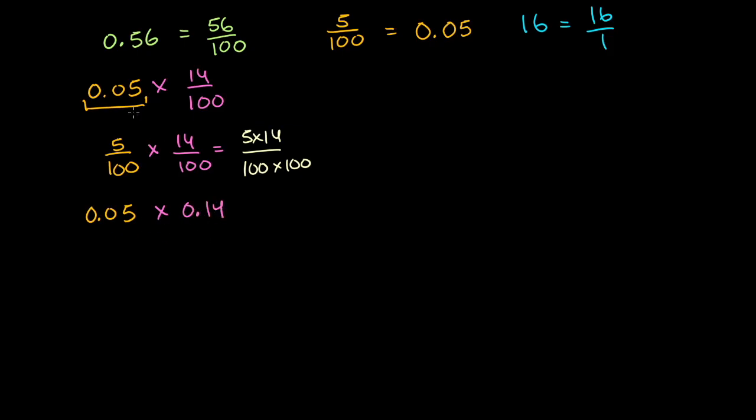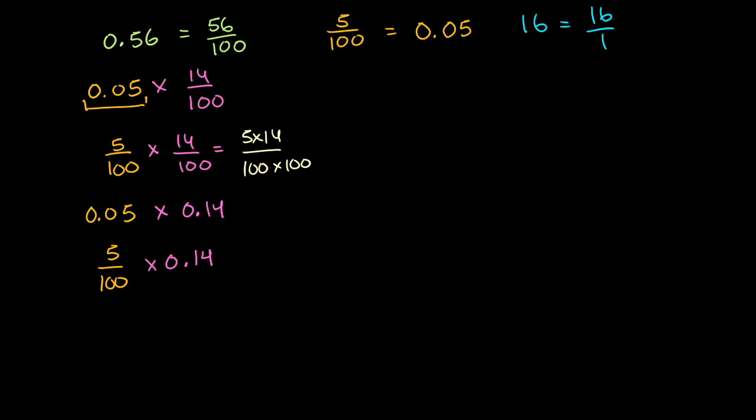Another way of representing the same multiplication, the same expression. Now, of course, we could convert the first one into a fraction and the second one into a decimal. So then that one would be, and I'm just going through all of the different scenarios here, 5 over 100 times 0.14.